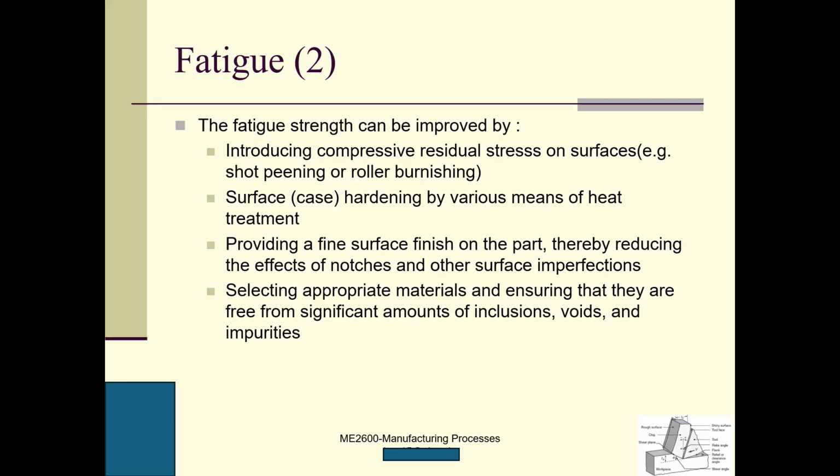Because of the impact of these small particles, you will have a lot of craters on the surface, right? Each of these craters will be compressed, and you will have a lot of compressive residual stress here. As a result, the fatigue life is enhanced. So this is called shot peening, and we use peening guns to improve the fatigue life.